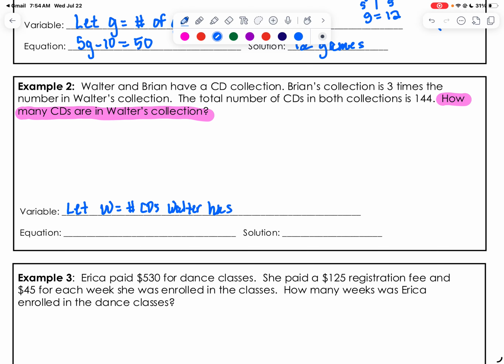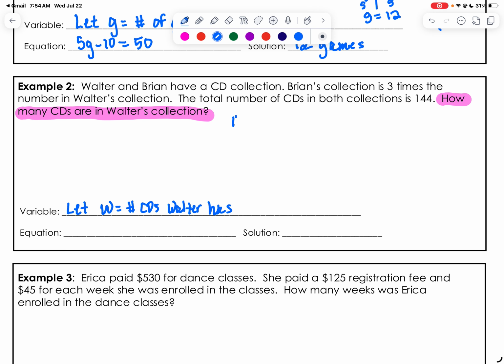Now, in this problem, we know that there's two people in this problem. We have Brian and Walter, and between the two of them, they have 144 CDs.